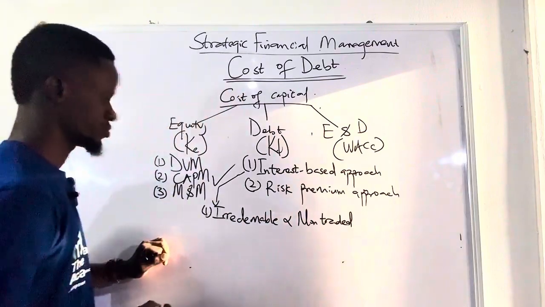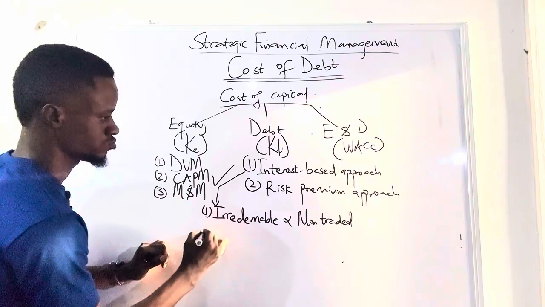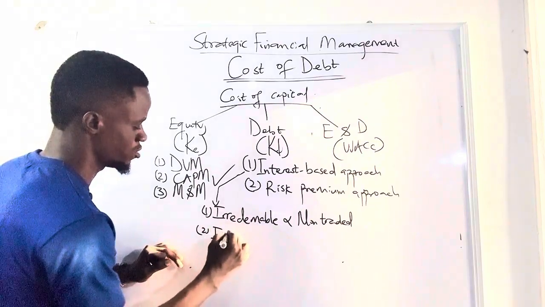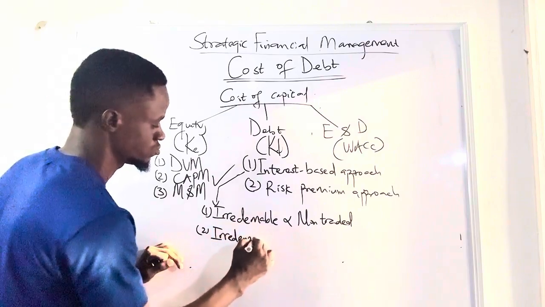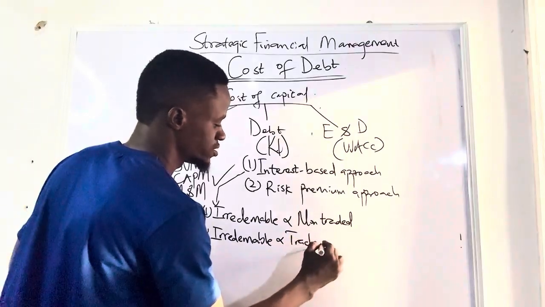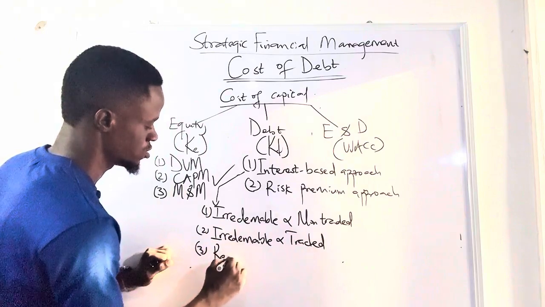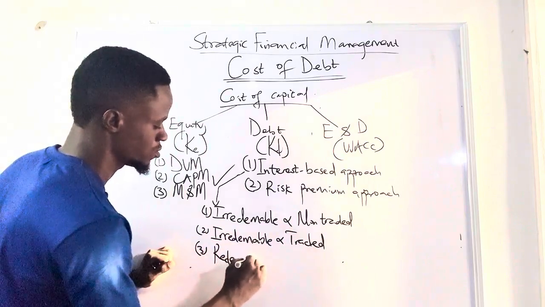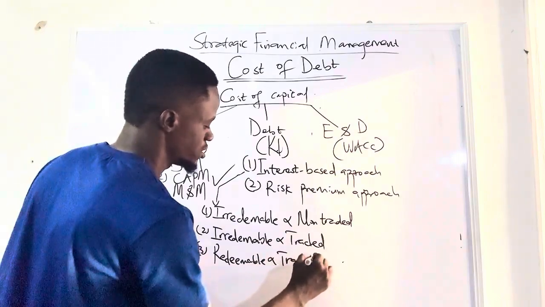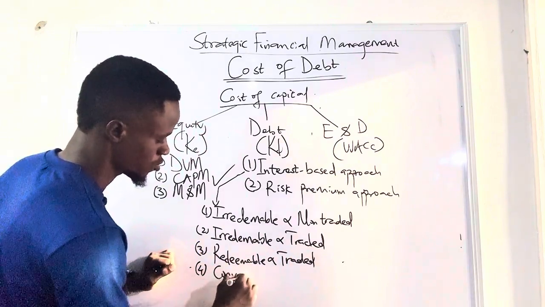The second one is irredeemable and traded. The third one is redeemable and traded. The fourth one is convertible debt.